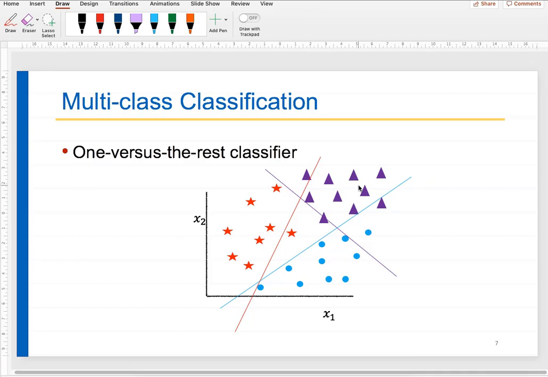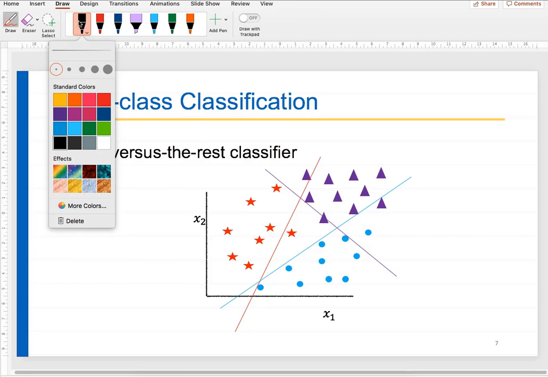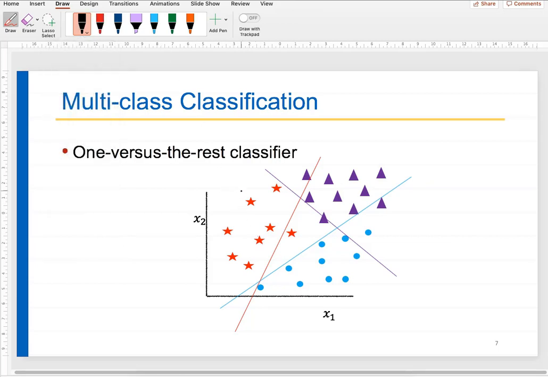Let us examine this solution now. Let us say my unknown point is somewhere here. Let's say I have 3 classifiers, y red, y blue, and y purple, right?